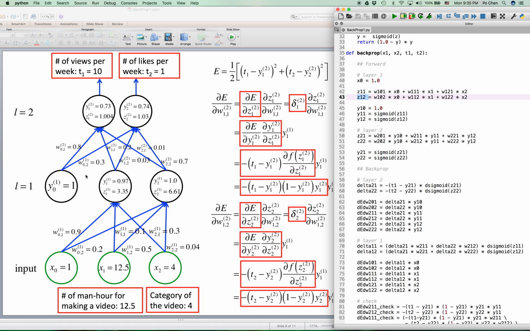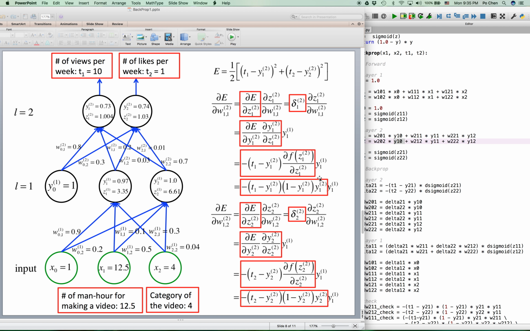We then go on to the second layer. That's layer 2. We also compute and store the values for z21 and z22, y21 and y22. Right? So the calculations are pretty similar, except that all the weights must be replaced with the weights for the second layer, and the input values are actually the output values from the first layer.